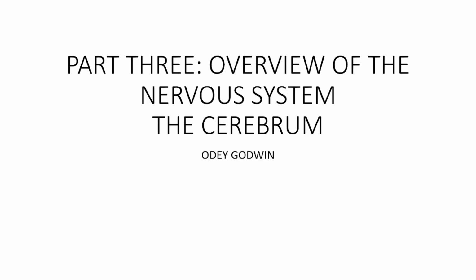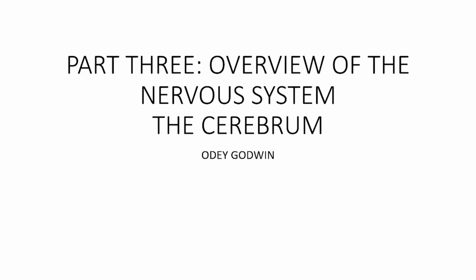We went further to say that the brain is divided into three, the forebrain, the midbrain, and the hindbrain. And we say the forebrain is divided into three, but the major division of the forebrain is the cerebrum. We even told ourselves in that class that 80% of the total weight of the brain is the cerebrum.